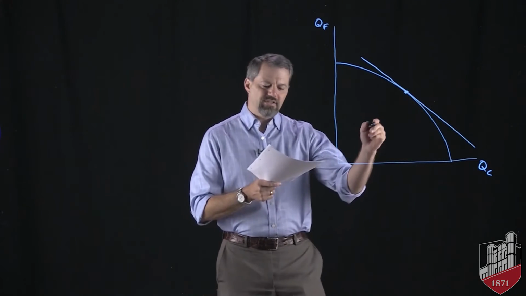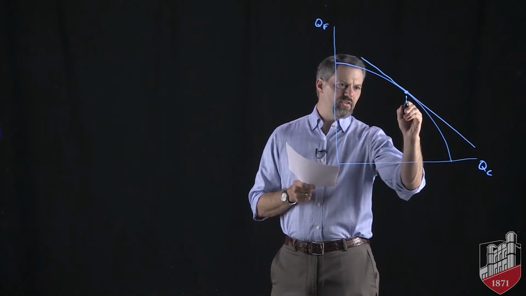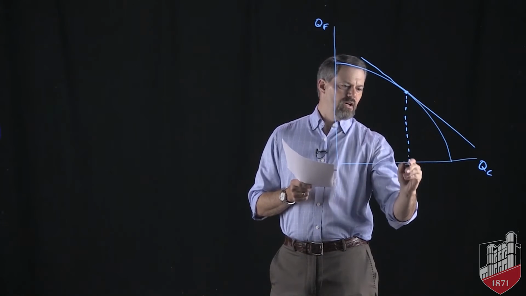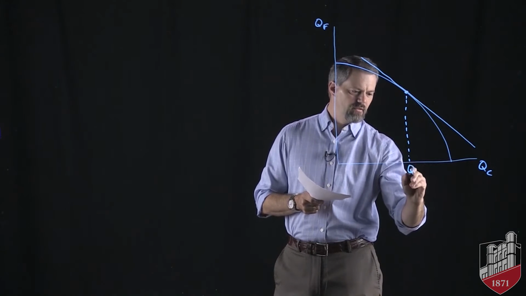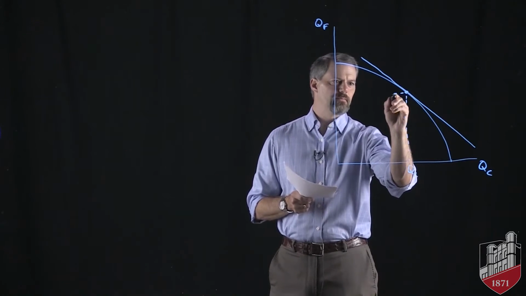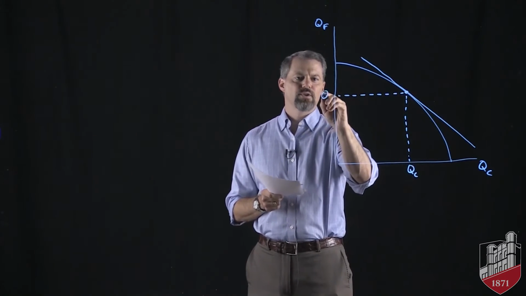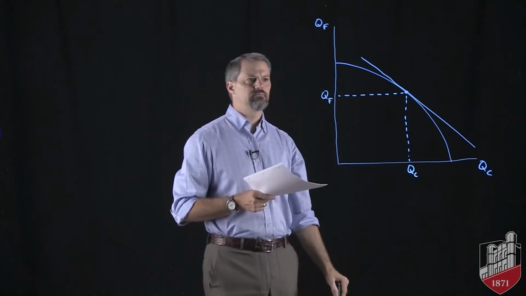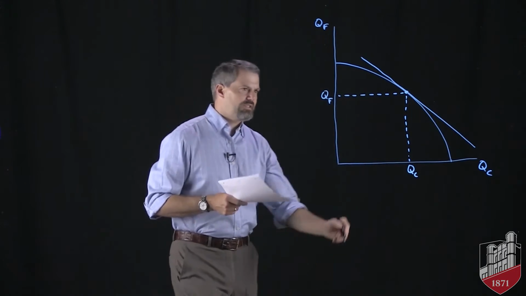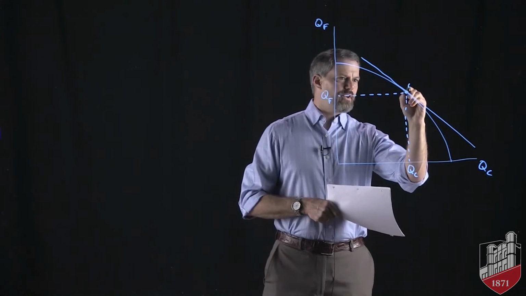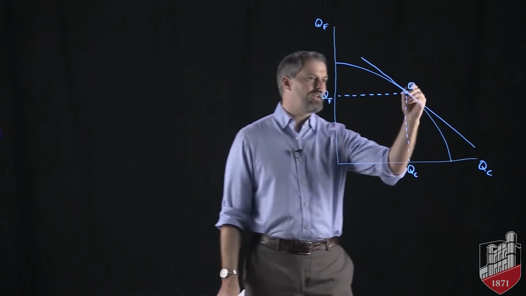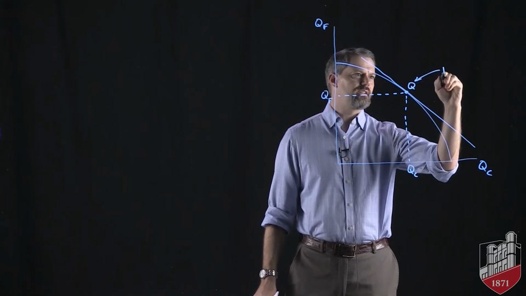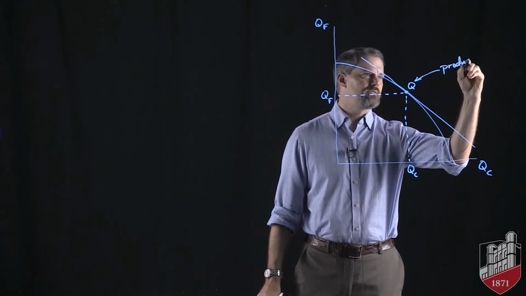And so we know that the economy is going to produce this combination of cloth. This is going to be production of cloth. Let's call it QC. Here's production of food, QF. So let's call that production point Q. Okay, so this is production. We've talked about this several times in this class.